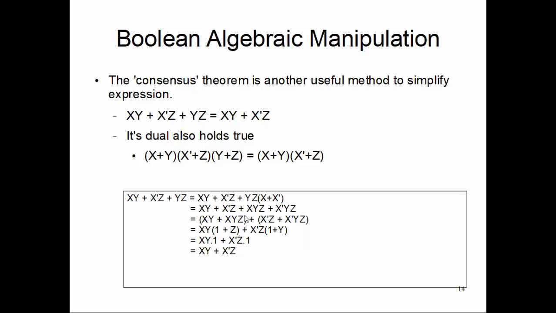What we can do is express this yz as yz and 1, and that 1 I can write as x or x bar. So I'm introducing some term here. From the left hand side, I'm actually adding this term before reduction.